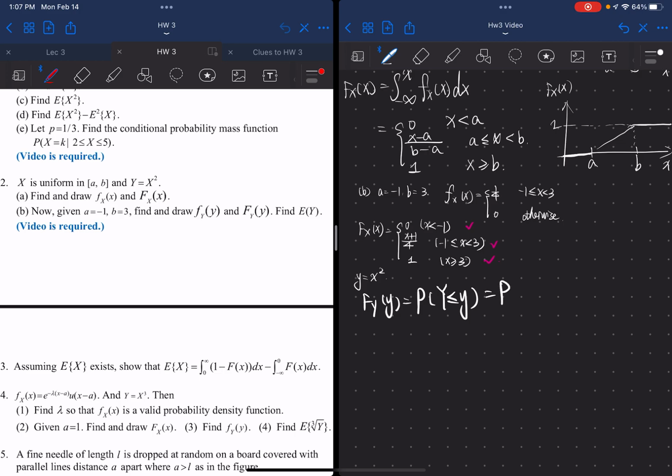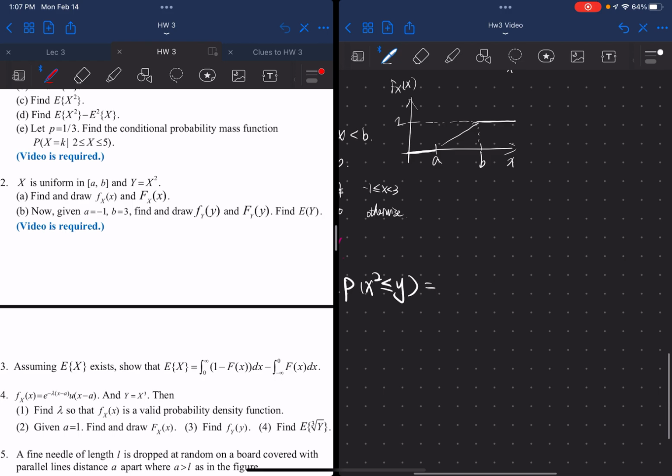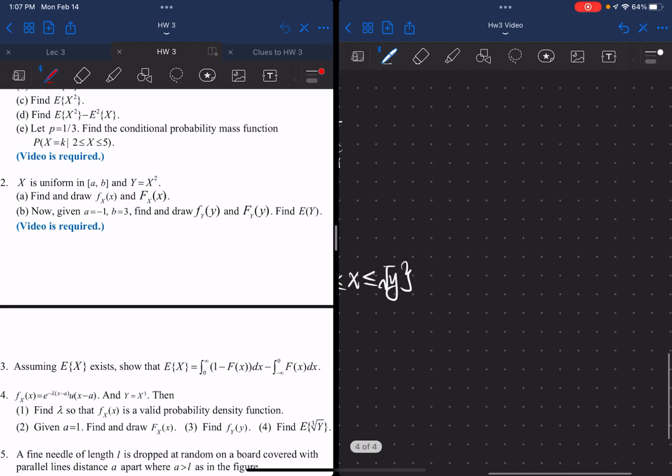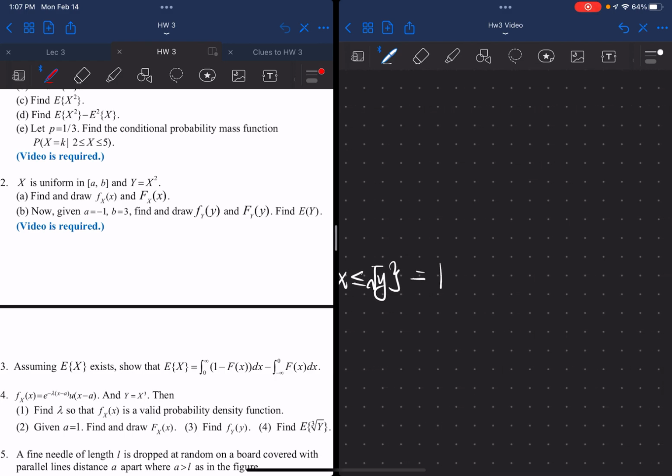By plugging in Y equals X squared, we get that it equals the probability of X between minus square root of y and positive square root of y, which equals the distribution value of square root of y minus the distribution value of minus square root of y.